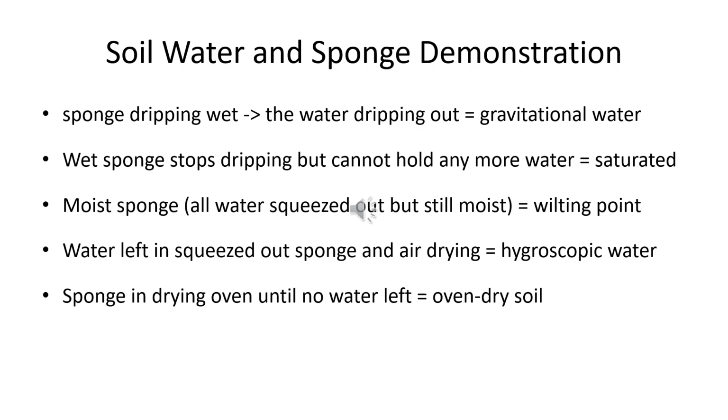Now that water that makes that sponge still moist is being held to the particles of the sponge by adhesion. The water is sticking to the sponge. And that is what we call hygroscopic water. Now, if I took that sponge and put it in the oven and dried it until there was no water left, zero water, that's oven dry.